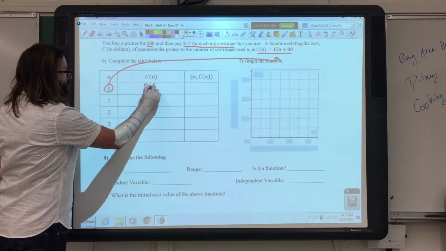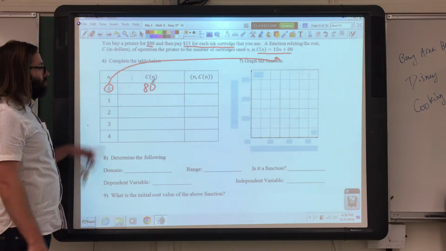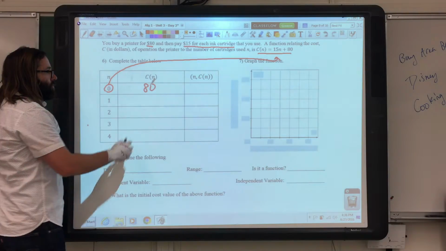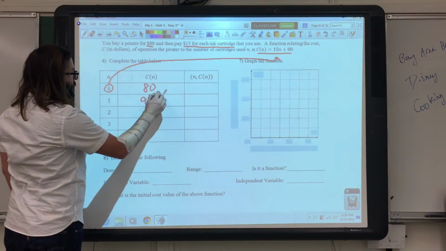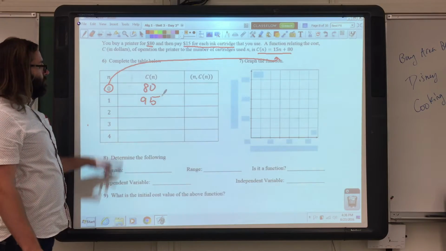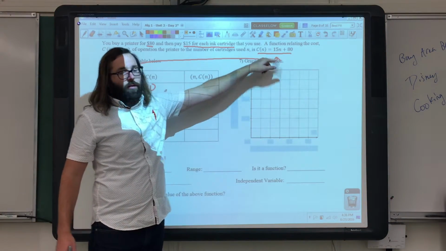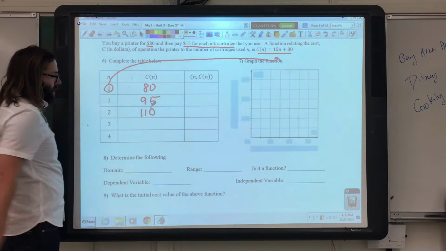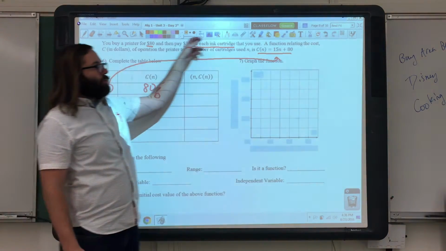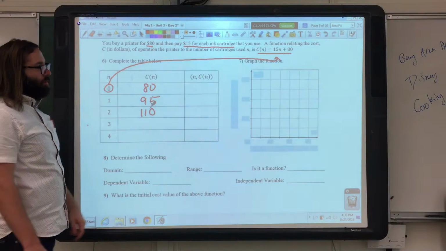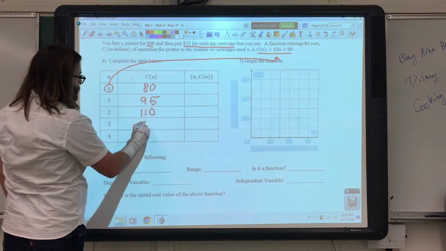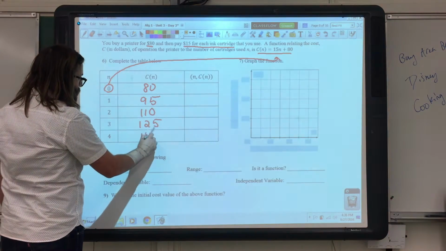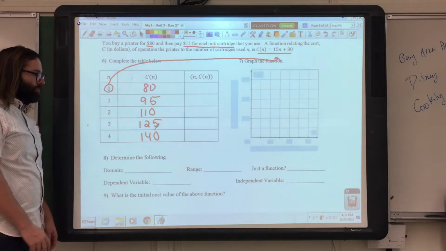That gives you 80. 15 times 1 plus 80, so 15 plus 80 gives you 95. 15 times 2, which is 30, plus 80 gives you 110. 15 times 3, 45 plus 80 gives you 125, and then finally we get 140.